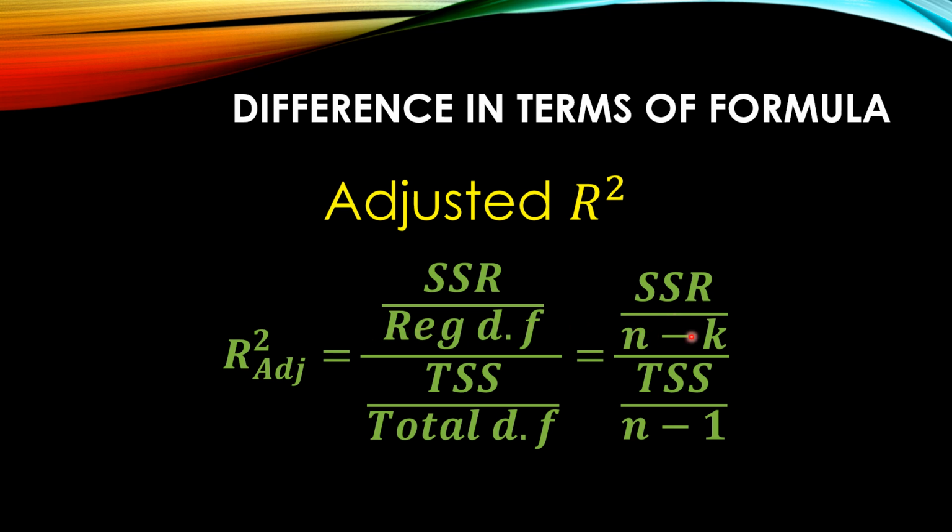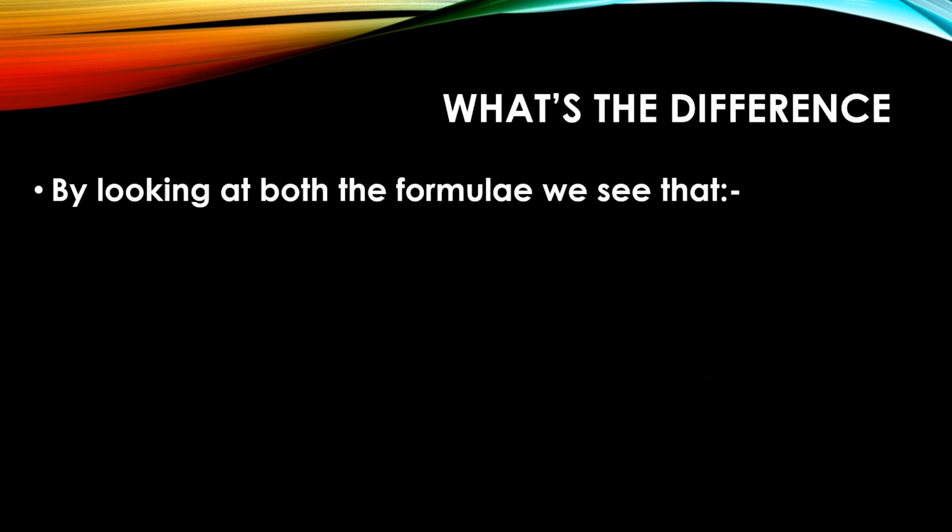That is, n minus k is the degree of freedom of sum of square of regression and n minus 1 is the degree of freedom of total sum of square, or total degree of freedom. So this is the major difference between the two formulae.